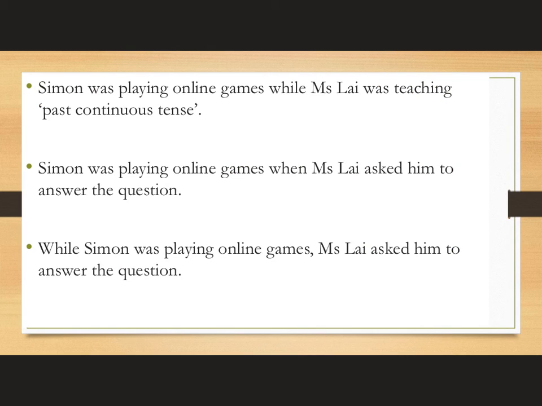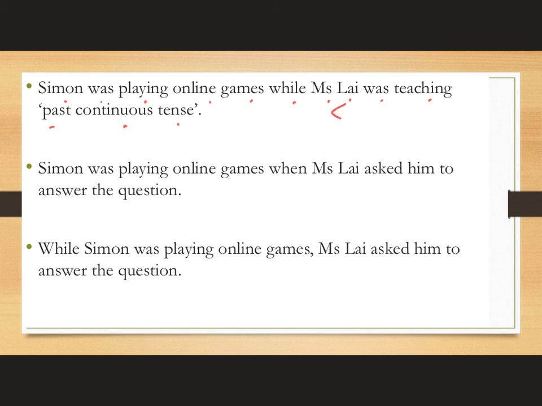When we talk about two past actions which were going on at the same time, we use the past continuous tense for both actions. Simon was playing online games while Miss Lai was teaching past continuous tense.